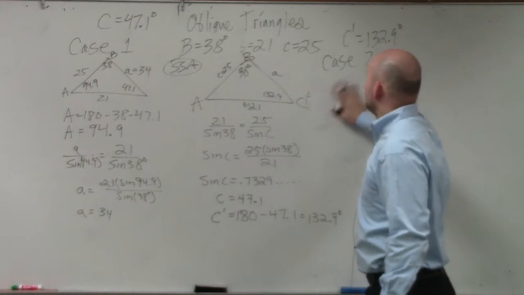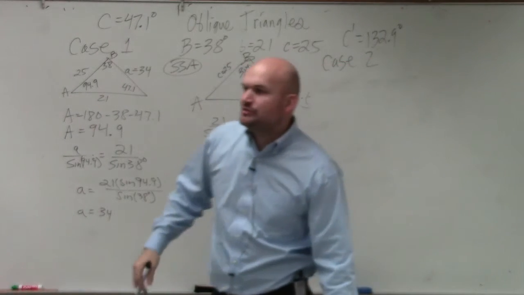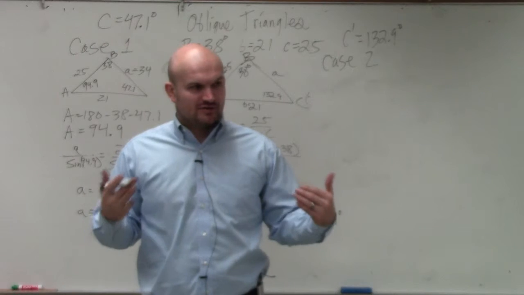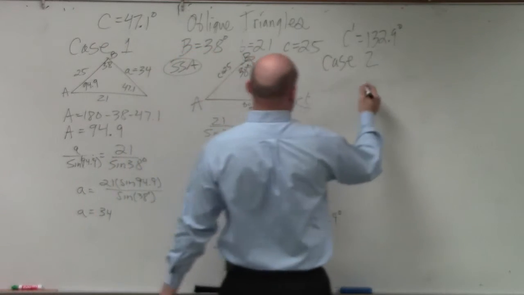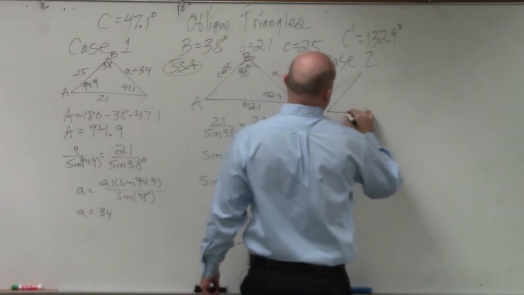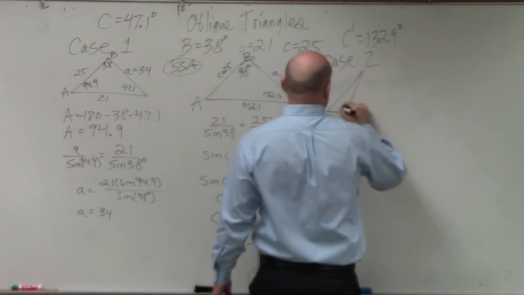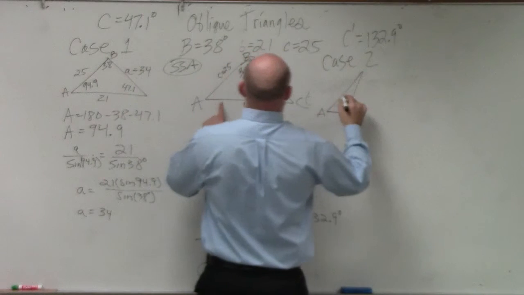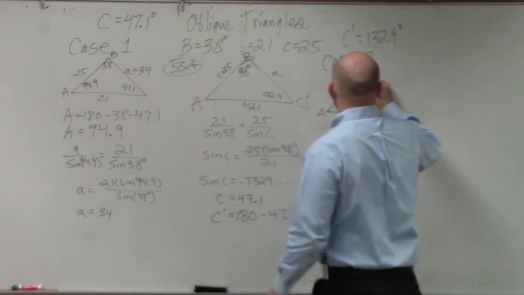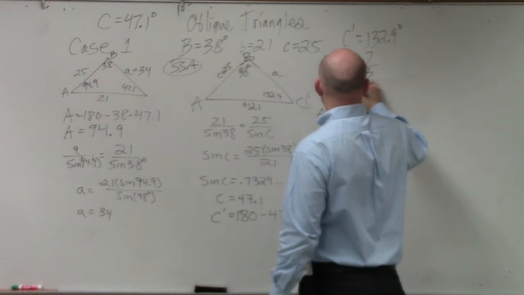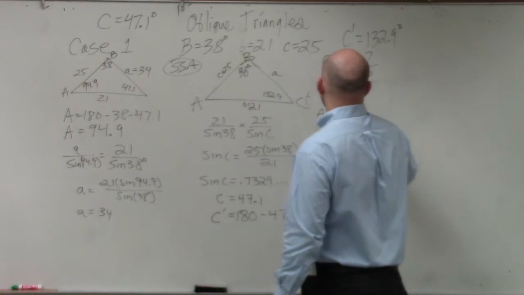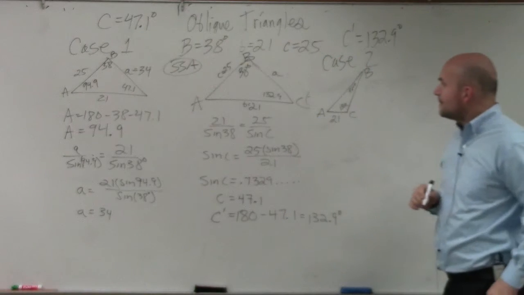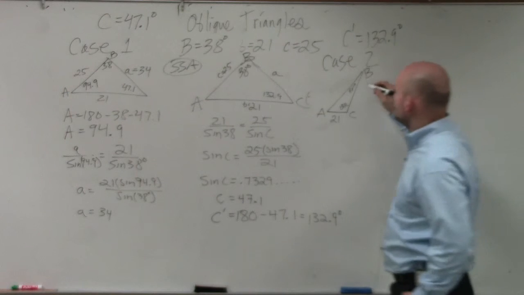Oops, I'm sorry. Create your triangle. It's helpful when you're doing two cases to draw your two triangles so they actually look like what they're supposed to look like. So for instance, this one, I would say there's my C. Here's my A, which I do not know. Here's my B, which is going to be 38 degrees, and then 21. Oh, this one's 25.